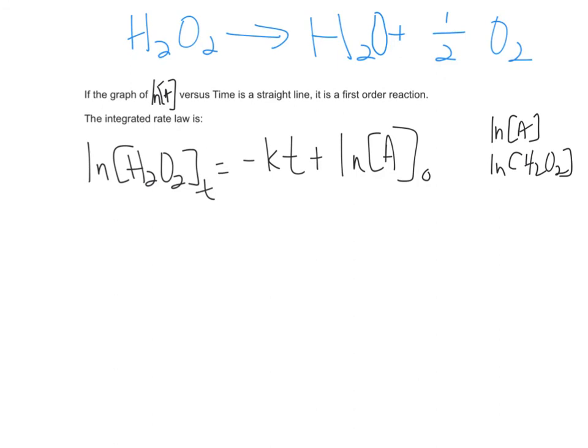If the graph of the natural log of A, the concentration of a reactant, versus time is a straight line, then it is first order in that reactant. This particular reaction has only one reactant, so it's a first order reaction.